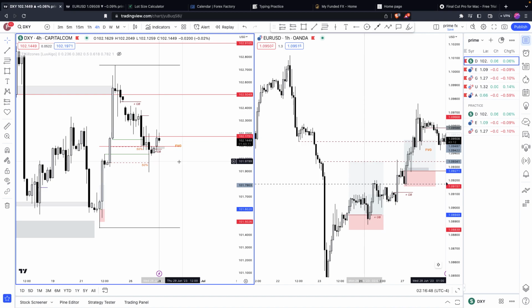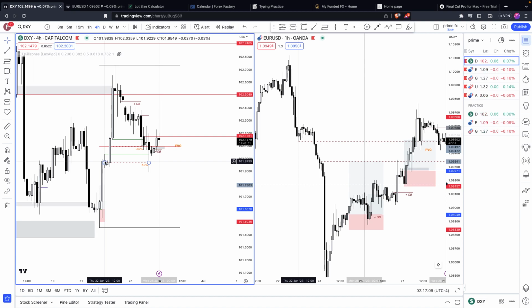And in the discount array, what are we seeing? We are seeing this order block being the only place price should refer to, because this fair value gap tends to be in the middle of this range, just around the 50. So we want to see price go through it and hit this area.